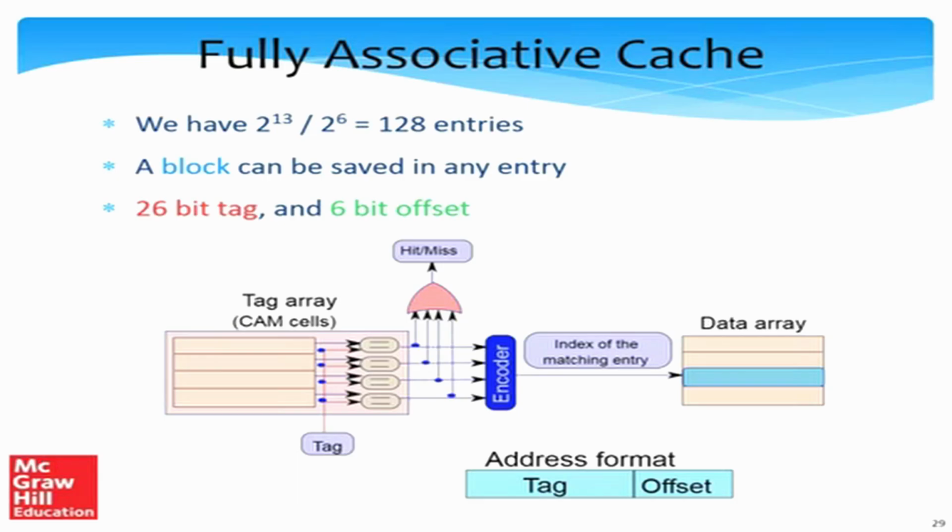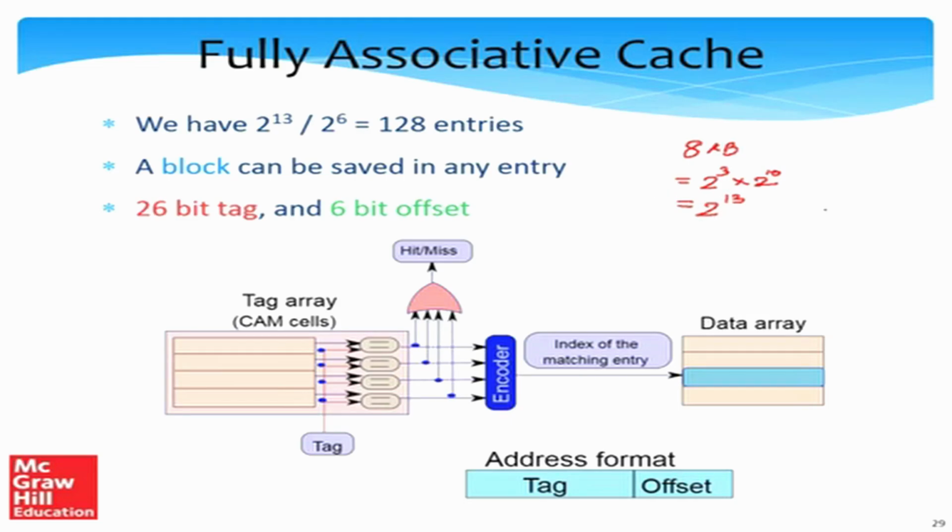So let's do a little bit of math. Our cache size is 8 kilobytes. Let's find out how much this is in bytes. It's 2 raised to the power 3, which is 8, multiplied with 2 raised to the power 10, since 1 kilo means 1024, which is 2 raised to the power 10. So 2 to the power 3 times 2 to the power 10 is 2 to the power 13. This is the number of bytes that we have in our 8 kilobyte cache.